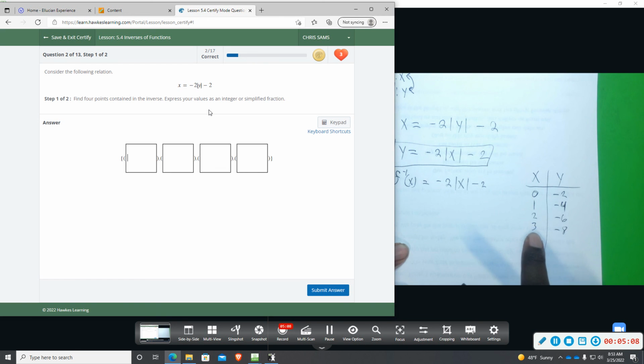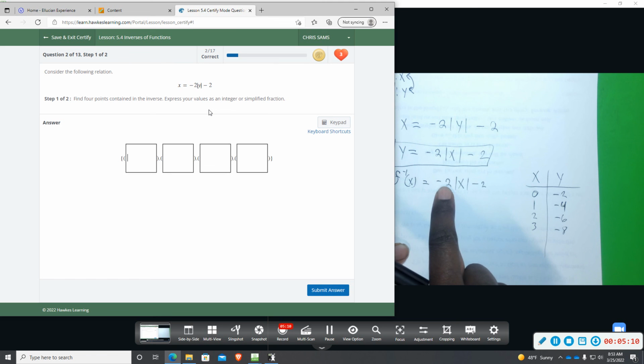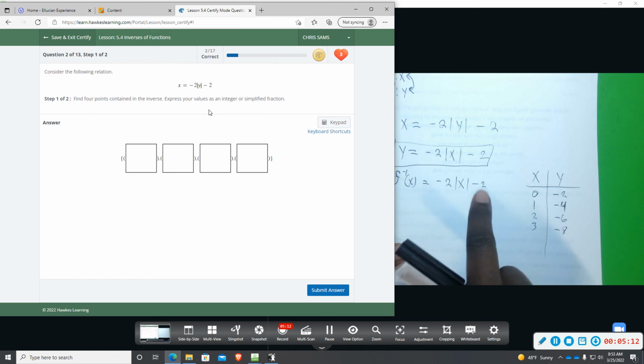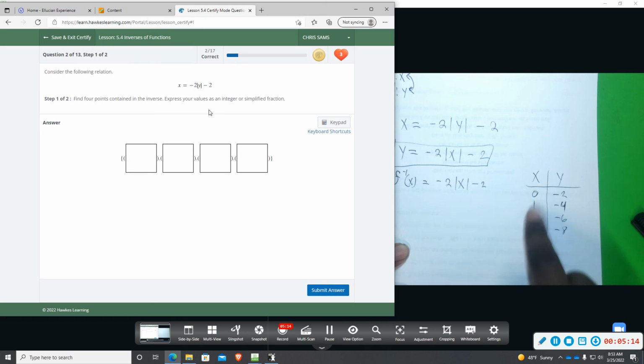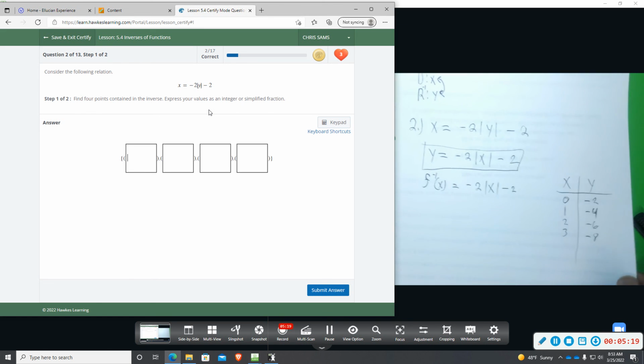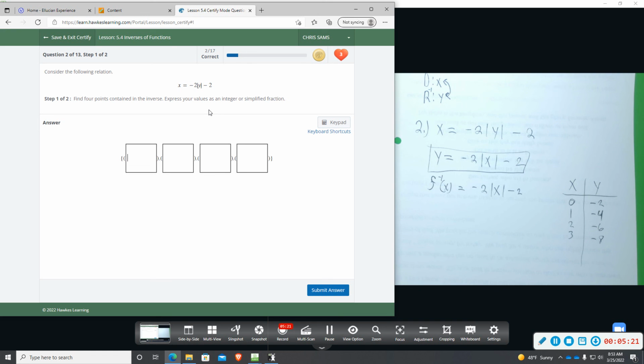But let's verify it. 3 times negative 2 is a negative 6. Negative 6 minus 2, negative 8. So here are 4 ordered pairs on the graph of this inverse: 0, negative 2. And then 1, negative 4. And then 2, negative 6. And then 3 and negative 8.